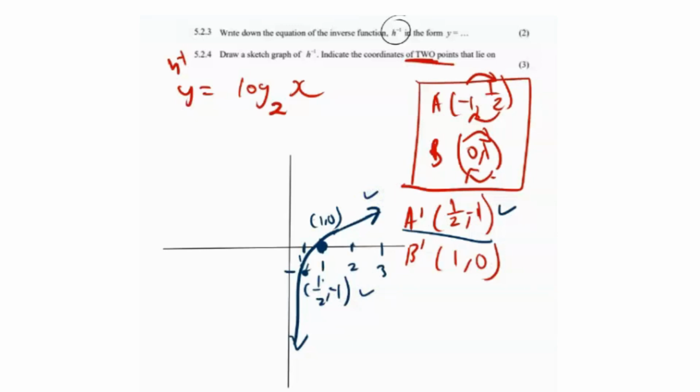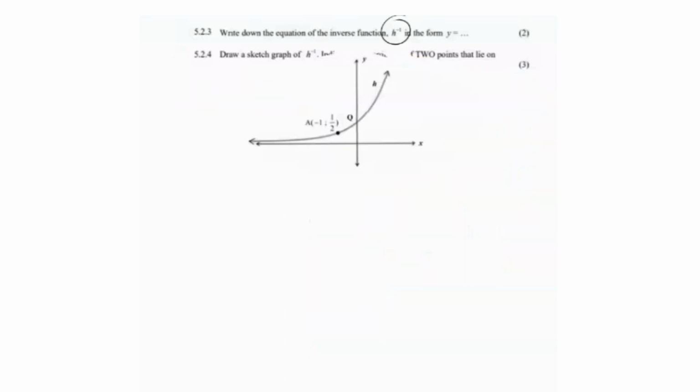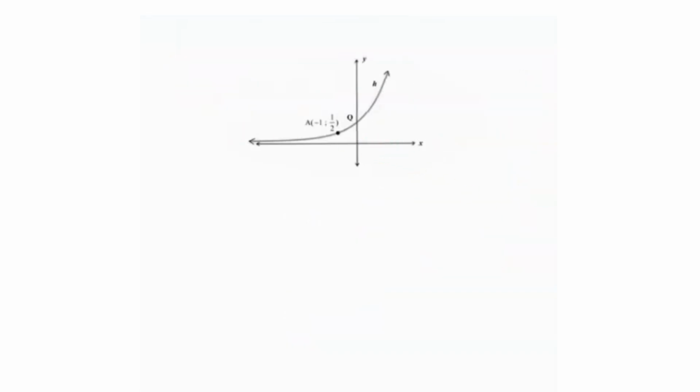So now let me do it on the plain page. Whenever we're doing this, let's say it's negative 1.5 here, half and negative 1, and negative 1 and positive, and 1 and 0 here. So it's gonna be like this.